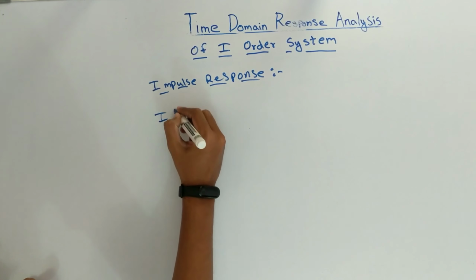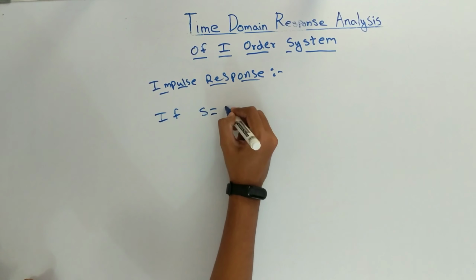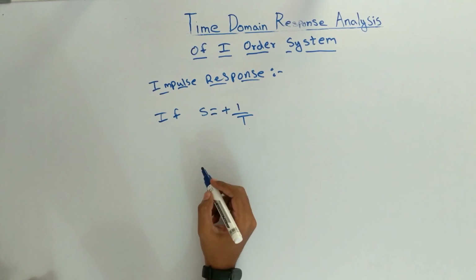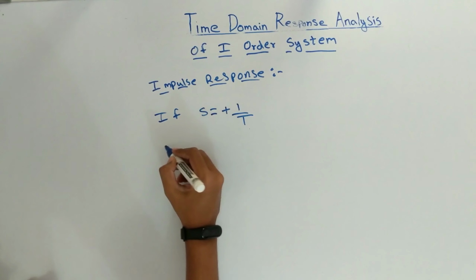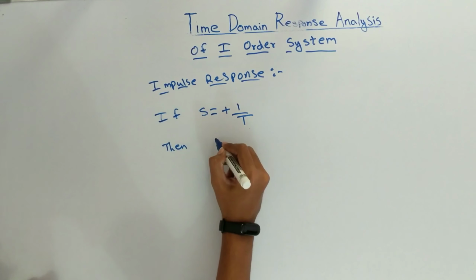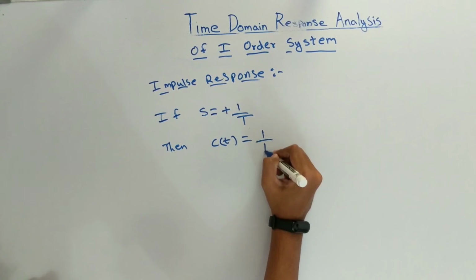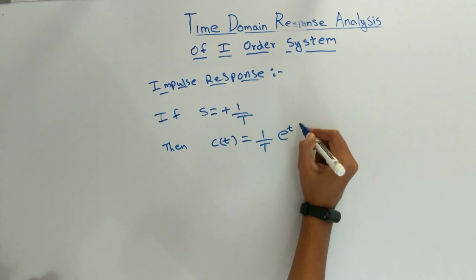If the closed loop pole is positive, that is plus 1 by T, then the inverse Laplace transform of the standard first order system's transfer function will be c of t is equal to 1 upon T e raised to plus t by T u of t.